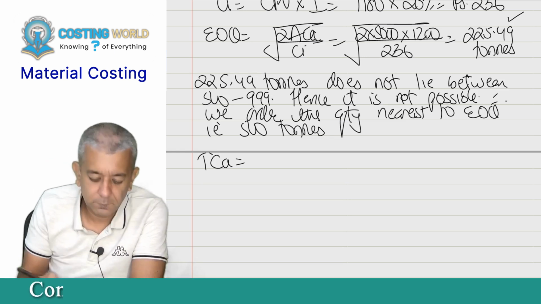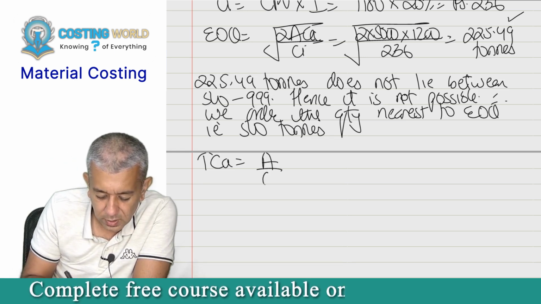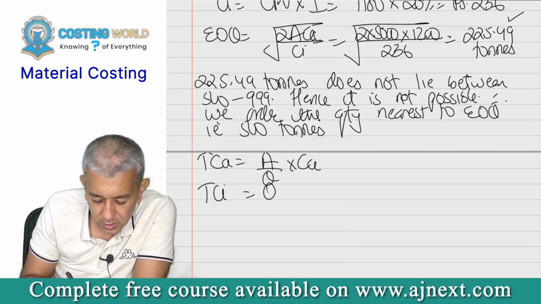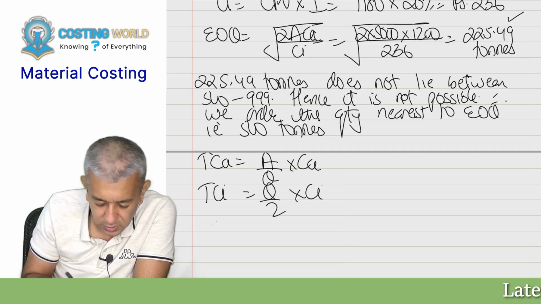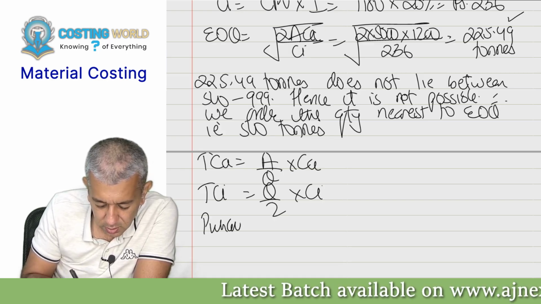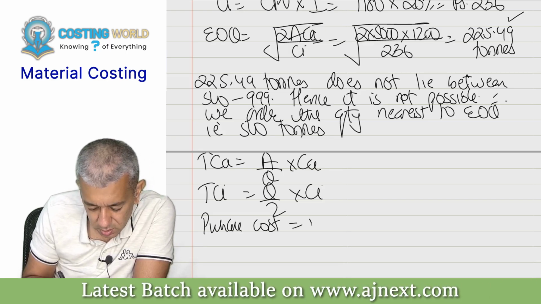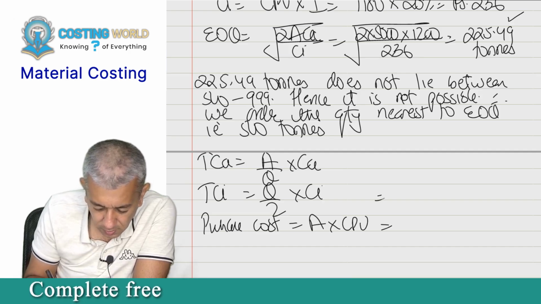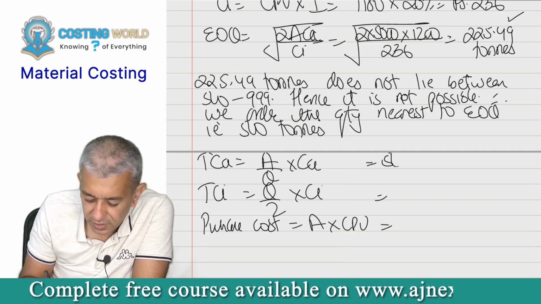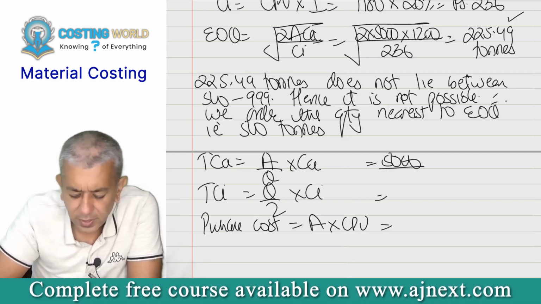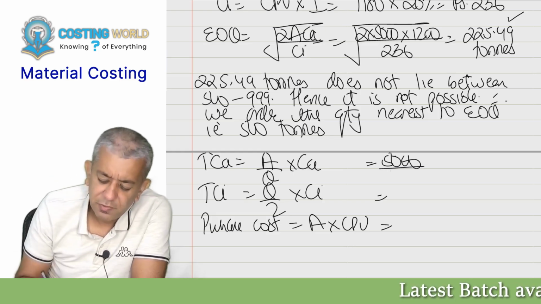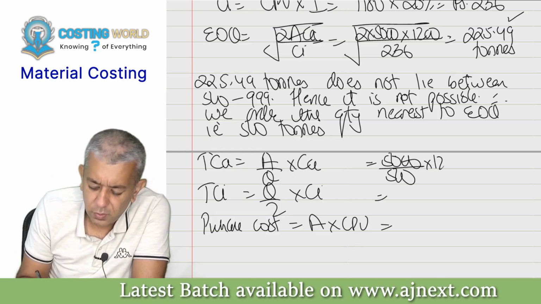TCA, A by Q into CA, Q by 2 into CI. $5,000 divided by Q means how much should I take? 500 into 1200.